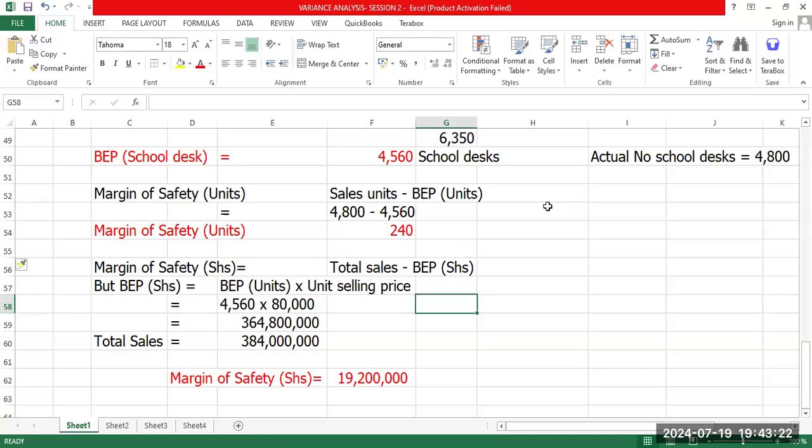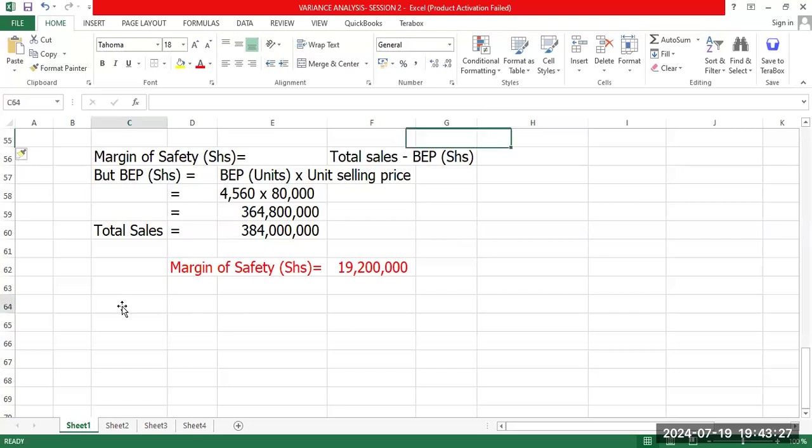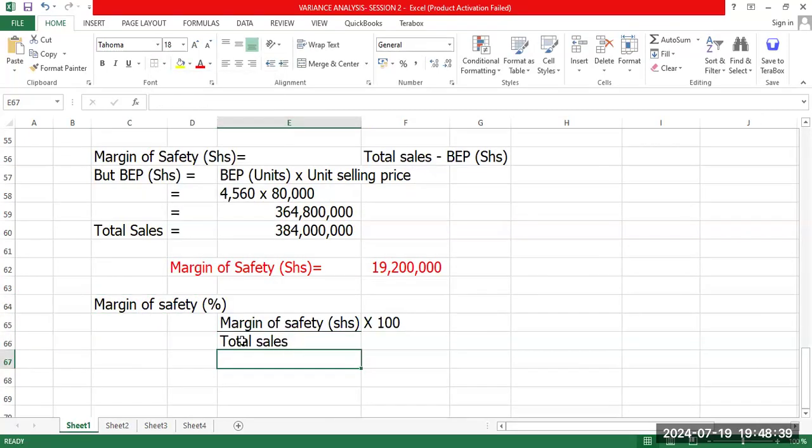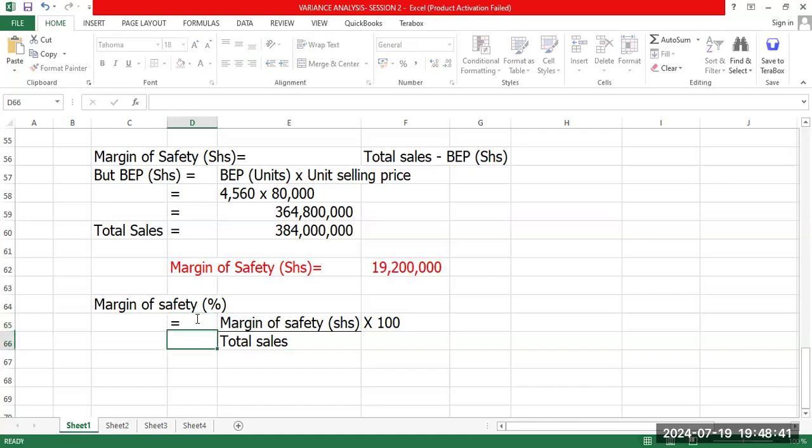So they can also ask you margin of safety in a percentage. You want to base on amounts, or another person can say, I want to base on margin of safety in units.